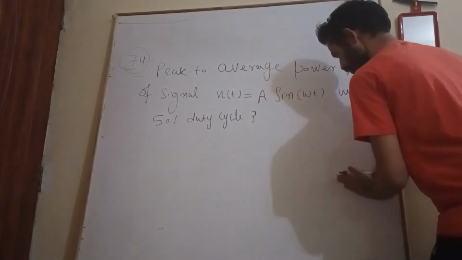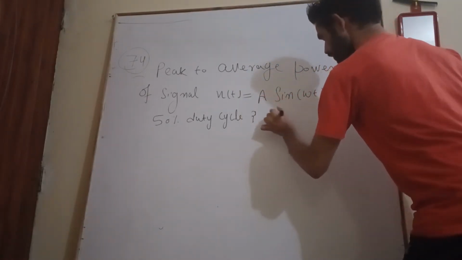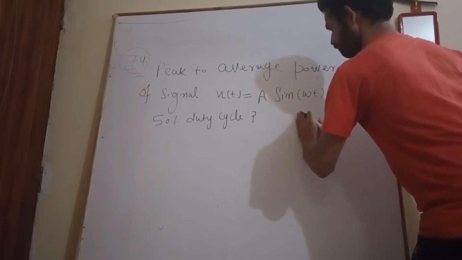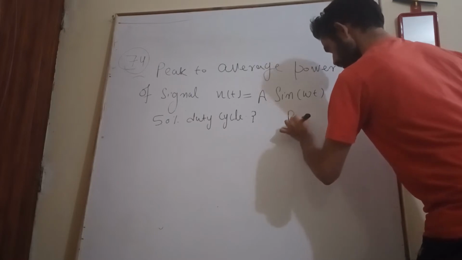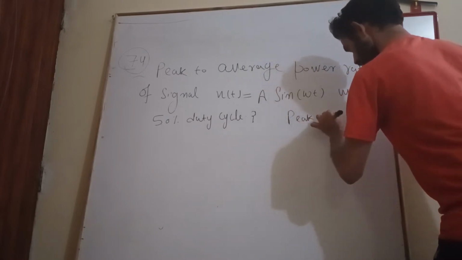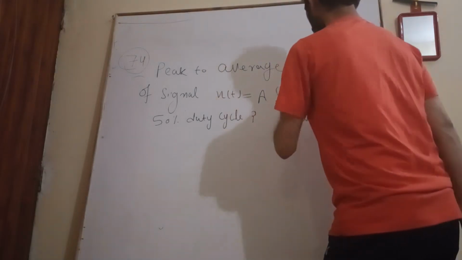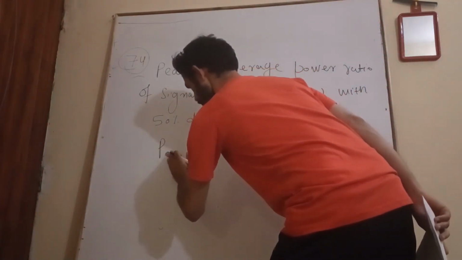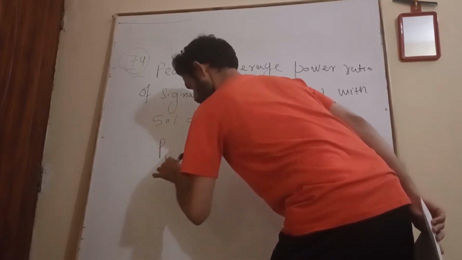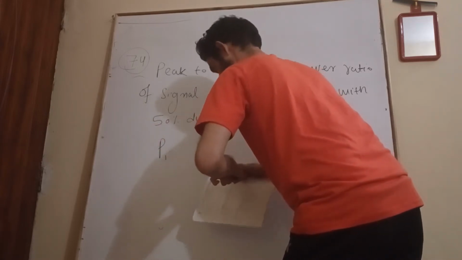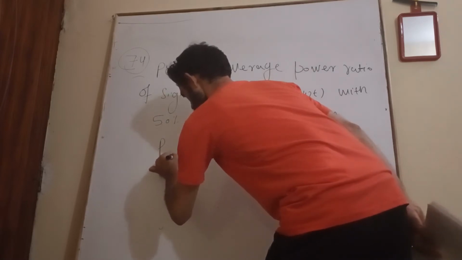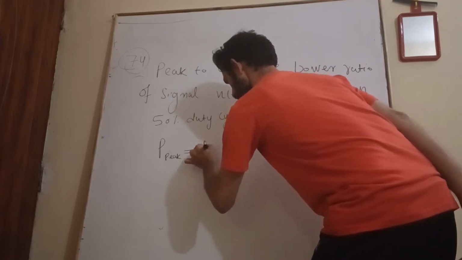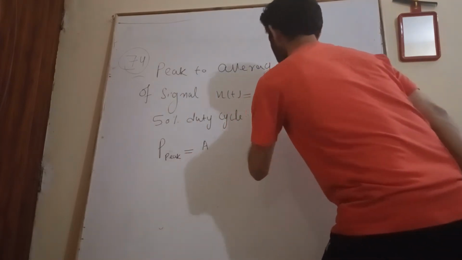Now, if you see here, the peak value is nothing but A. This is my peak amplitude.